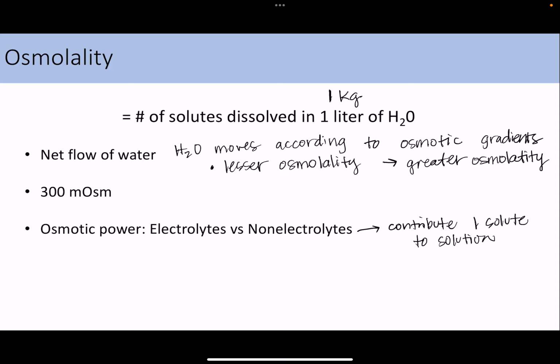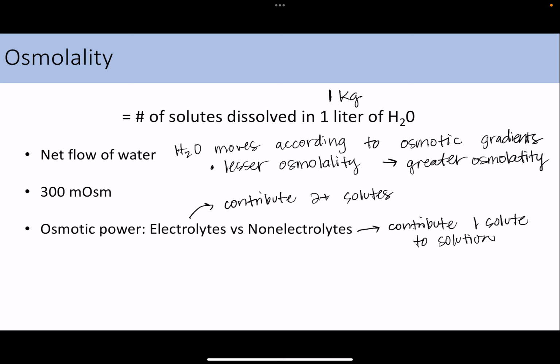However, electrolytes split in water or solution. And so electrolytes will contribute 2 or more solutes, depending on the chemical. So sodium chloride would contribute 2. Hydrochloric acid would contribute 2. Carbonic acid would contribute 2.